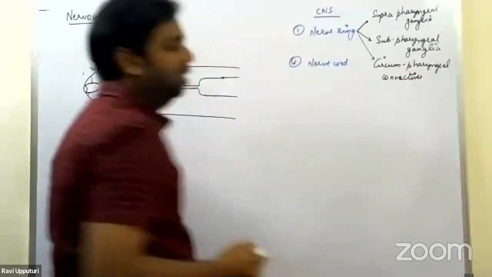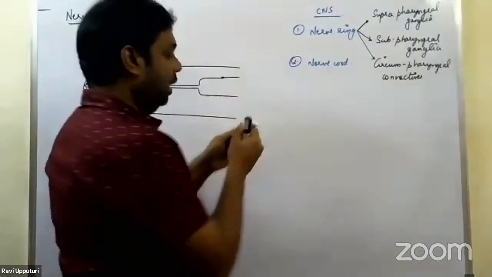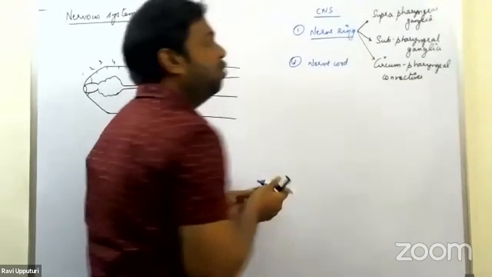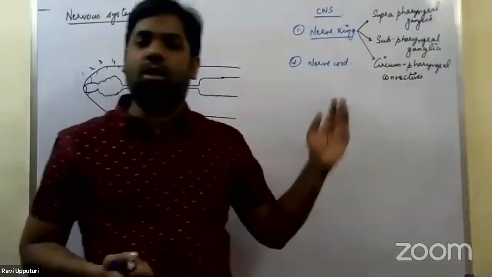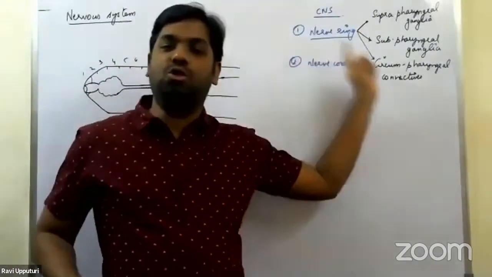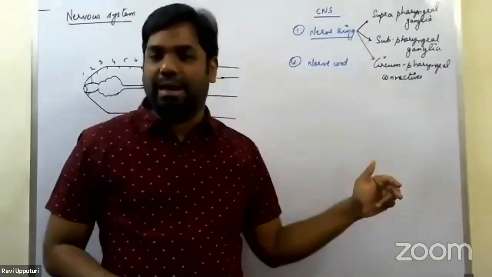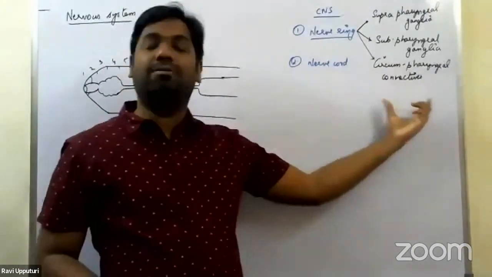So through these three structures, the nerve ring is formed. One is the suprapharyngeal ganglia, the second is the subpharyngeal ganglia, and the third is the circumpharyngeal connective.